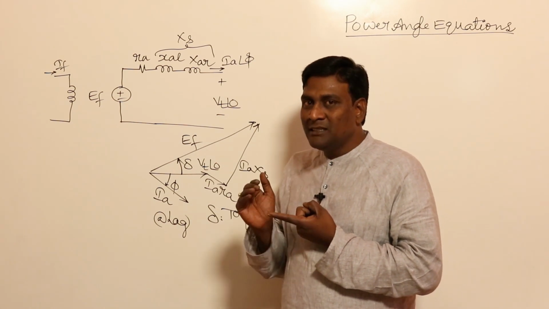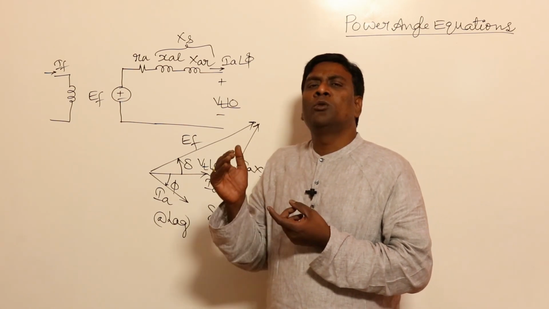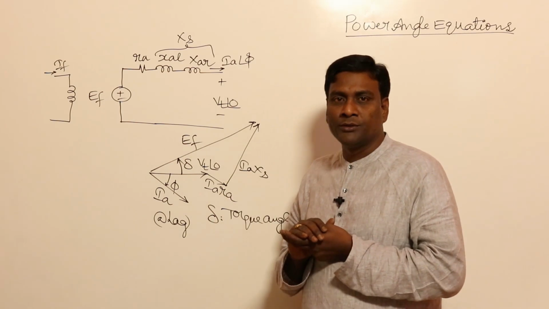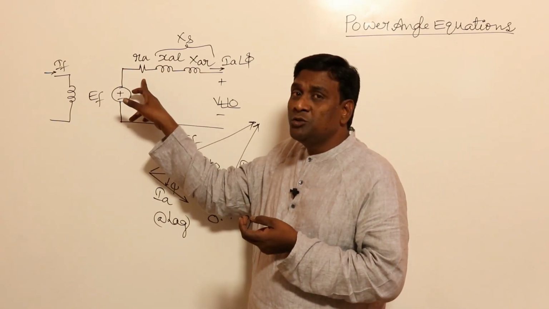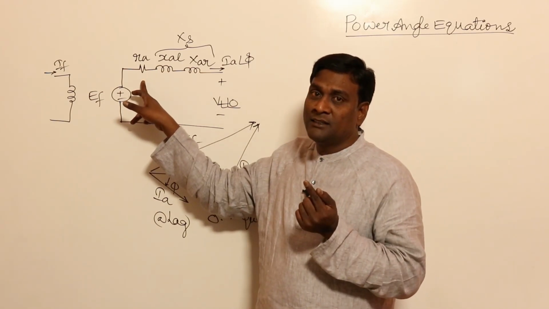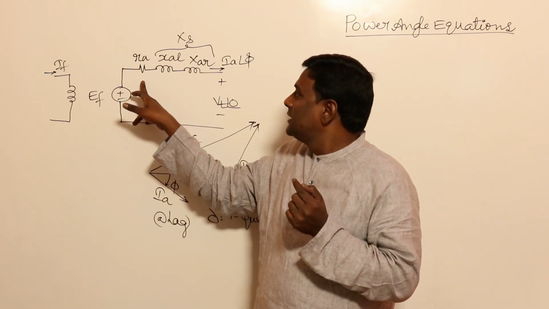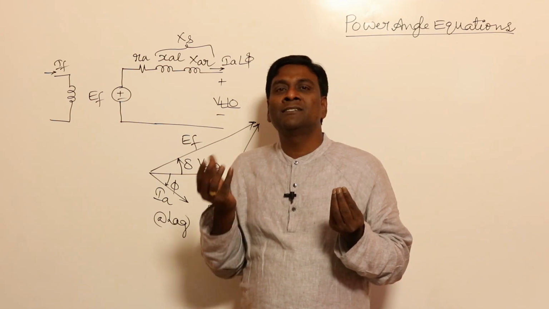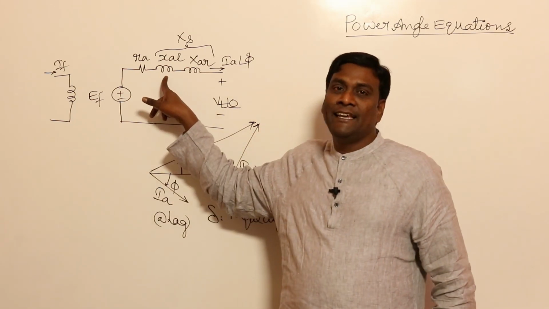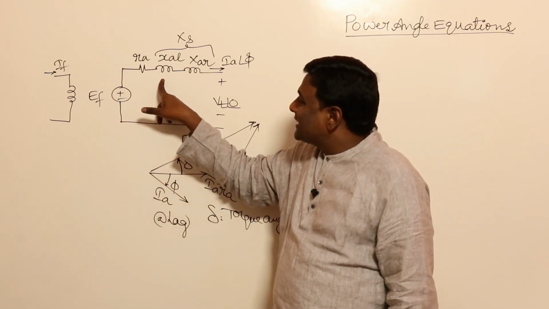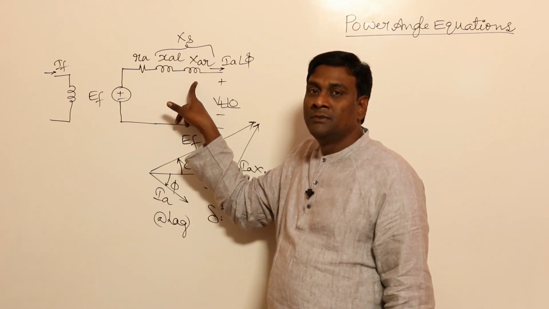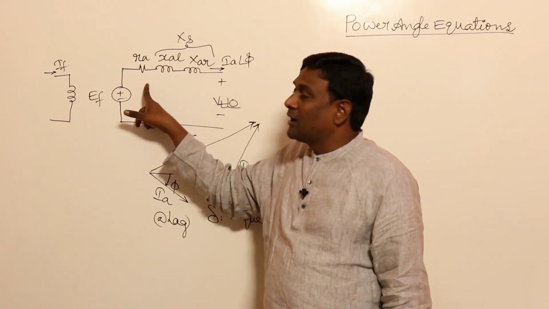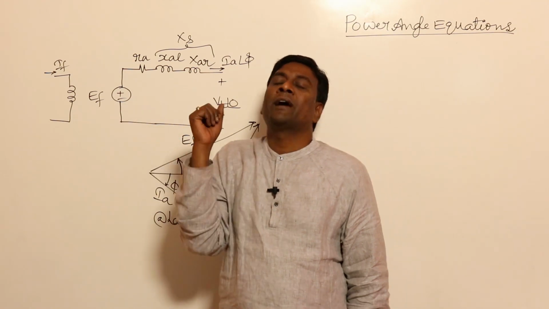In an induction machine, leakage will be more for some reasons we will see in the detailed course. So the X by R ratio of the induction machine is higher than the transformer, and from the XAL point of view there is no difference between the induction machine and the synchronous machine. On top of XAL, XAR is added, so the XS by R ratio of the synchronous machine is going to be the highest.